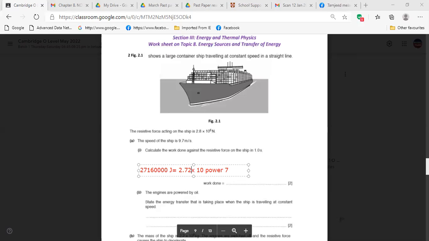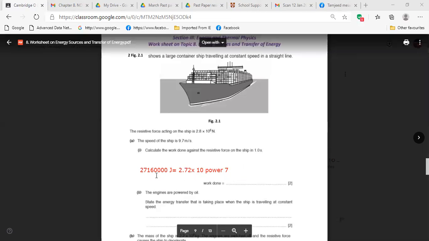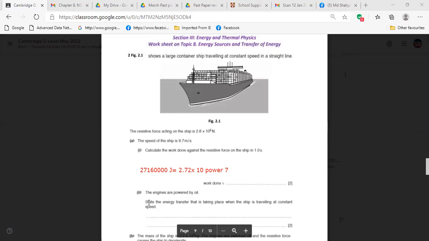It's the tendency, or it is the heritage that we have to write the answer in either two or three significant figures. Is it clear? Okay, done. This part is done. A1 done, sir. Yeah, A2 we can go.